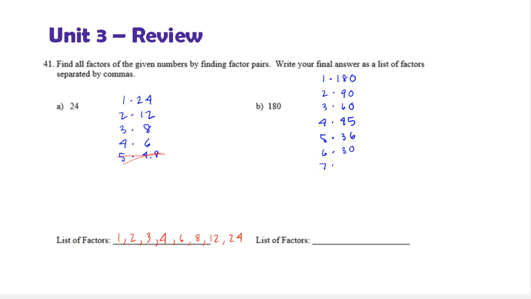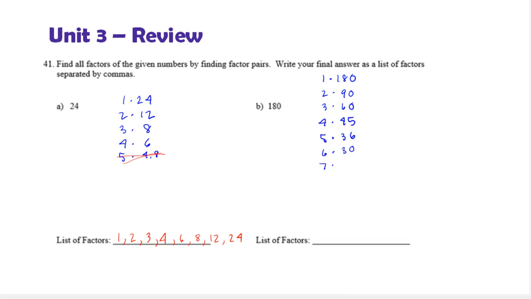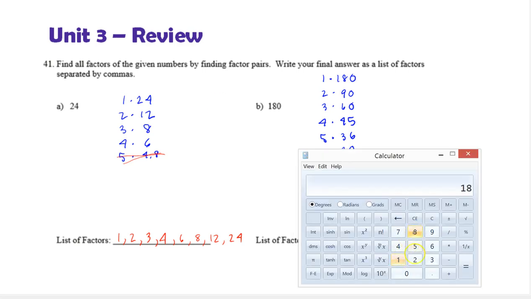Let's try 7. Is 180 divisible by 7? And it's not a whole number, so that means no. So I'm going to cross it out. Let's try 8. 180 divided by 8.